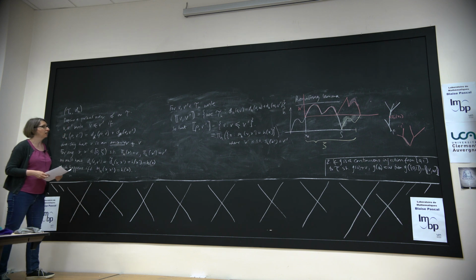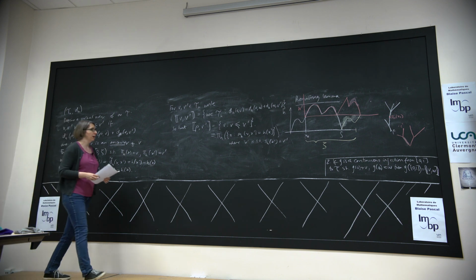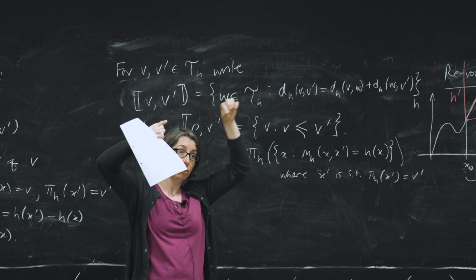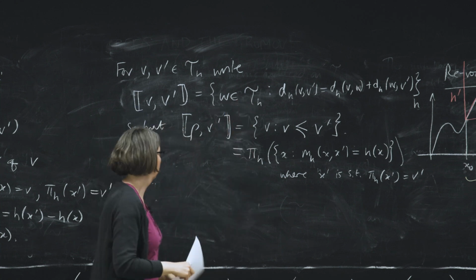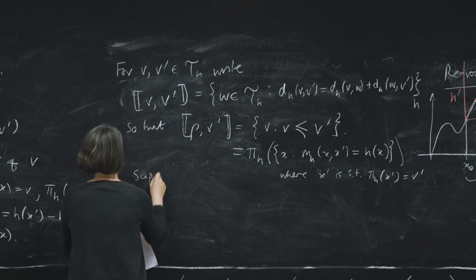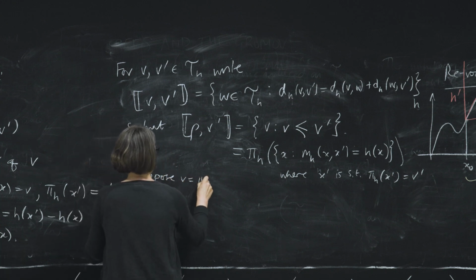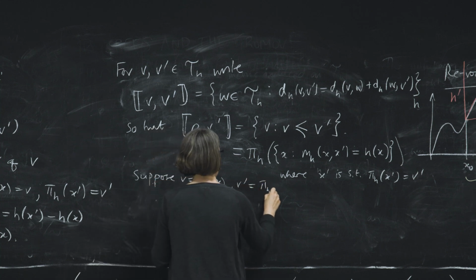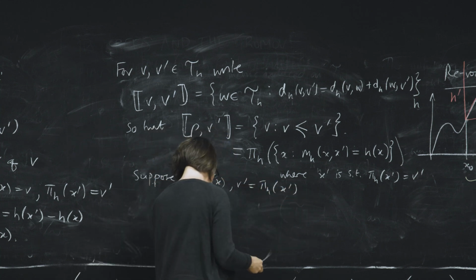So I think there's a couple of final bits of definition that I need. I want to think about the branch point that separates two vertices of my tree. So suppose again v is the image of some point x, and v primed is the image of some point x primed.